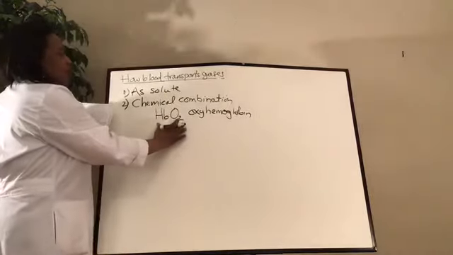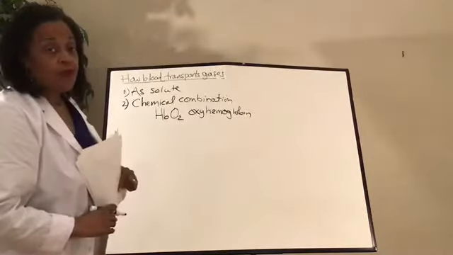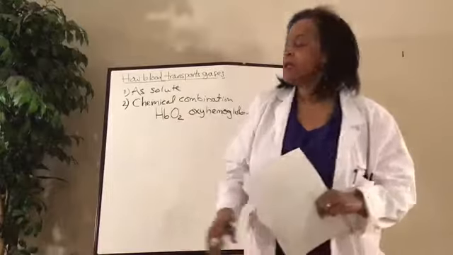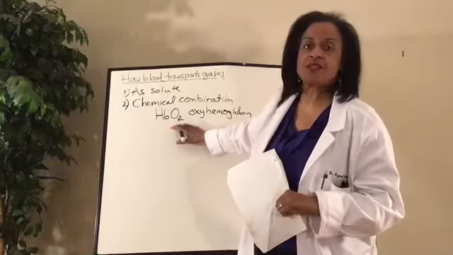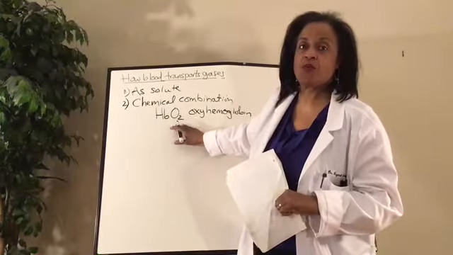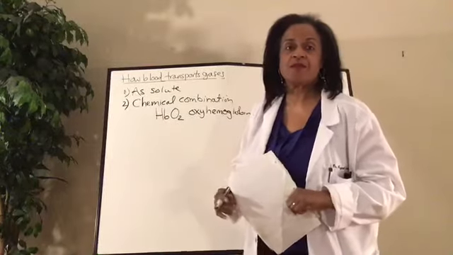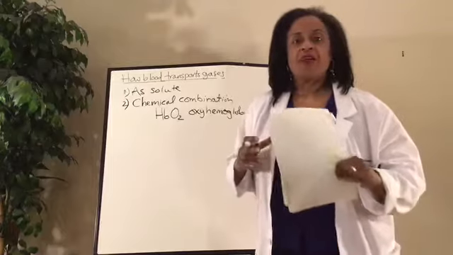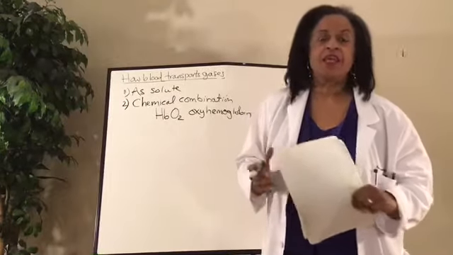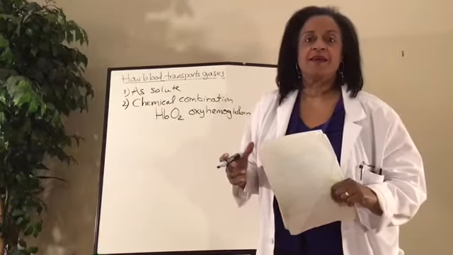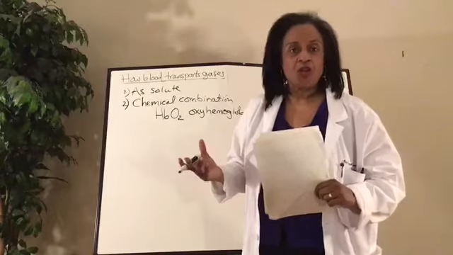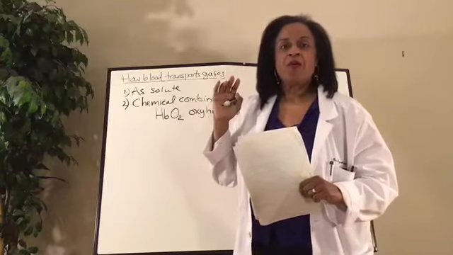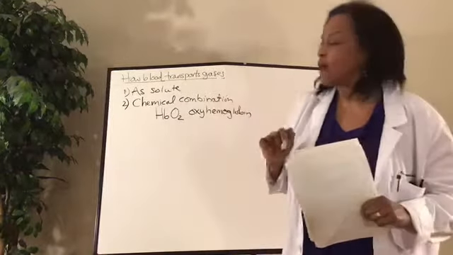The majority of the oxygen, as you learned before when we did the heart, is transported attached to hemoglobin. You remember it on a red blood cell, the iron and the heme group and the four polymers of hemoglobin that make up one hemoglobin.